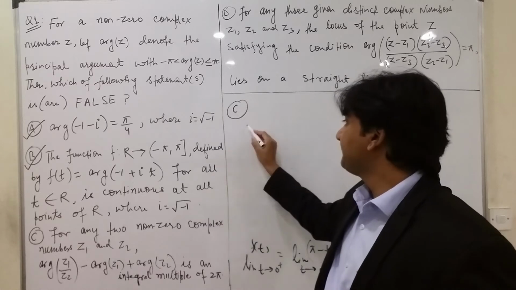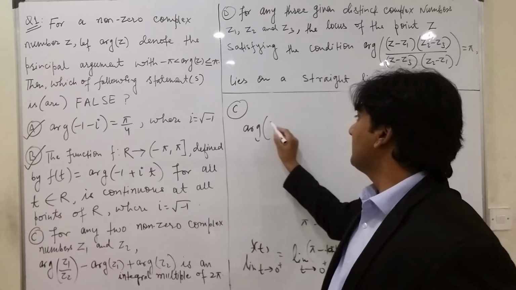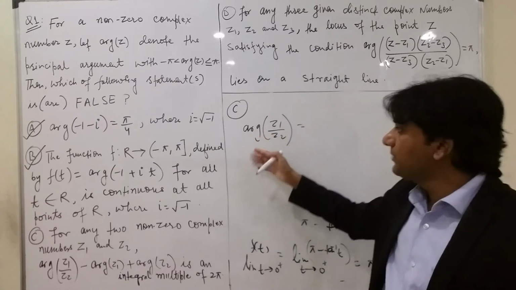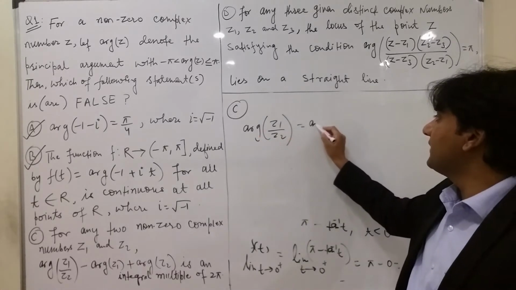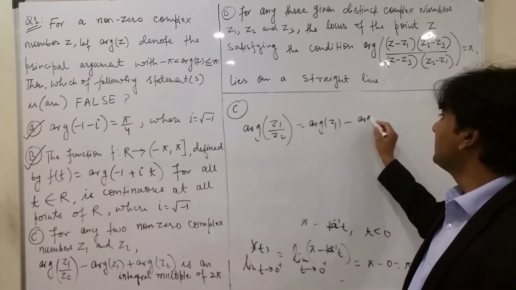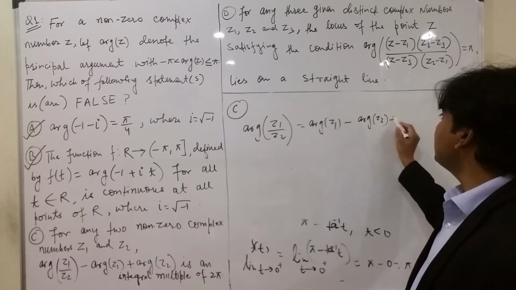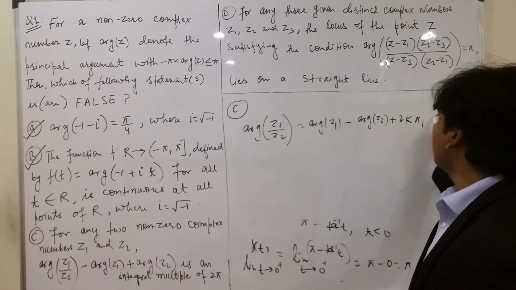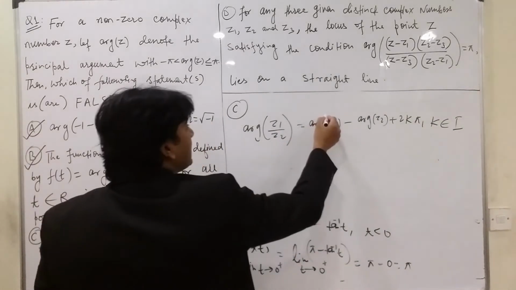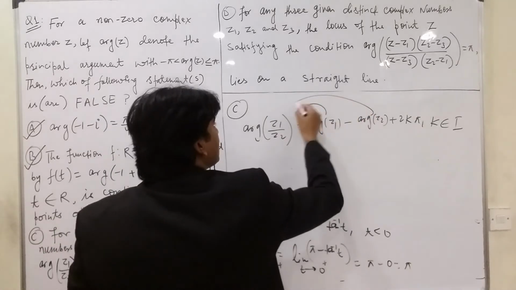We have the argument of Z1 over Z2. This is very simple. Argument of Z1 over Z2 we are writing as argument of Z1 minus argument of Z2 plus 2k pi, where k belongs to the integers, right? Now we take this to the left side and this one also to the left side.